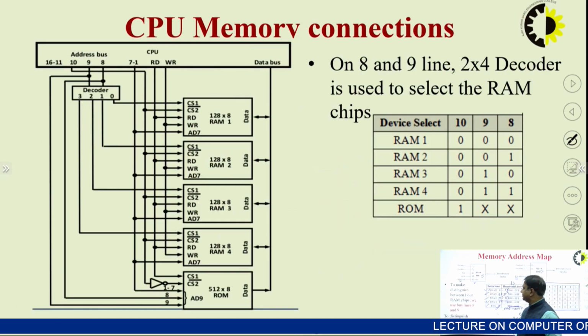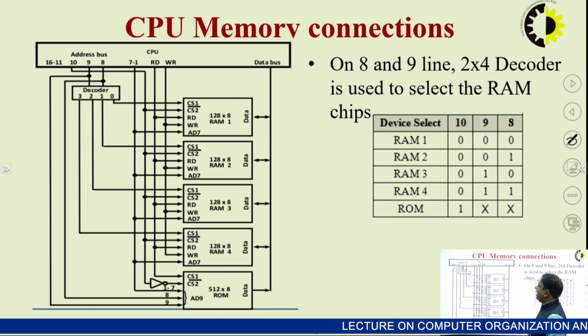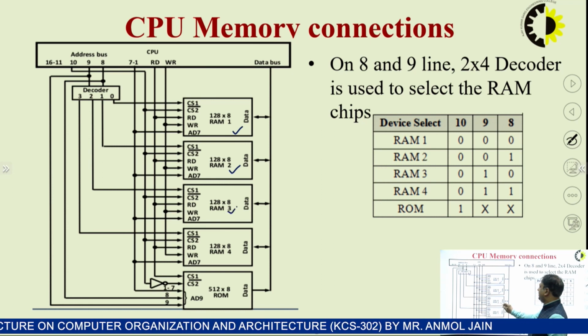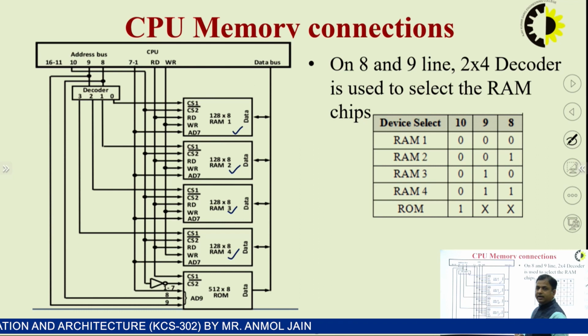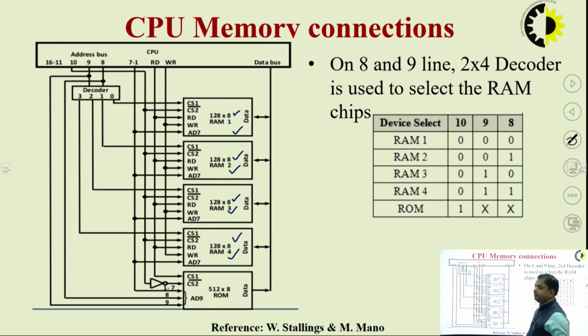Let us see. Here we have the 4 RAMs, RAM 1, RAM 2, RAM 3 and RAM 4, and each RAM size is 128 cross 8, and one ROM of size 512 into 8.